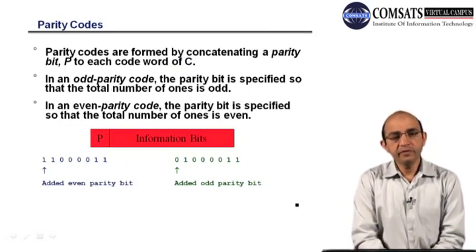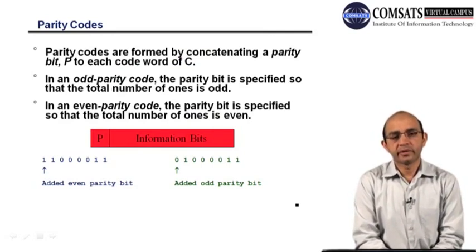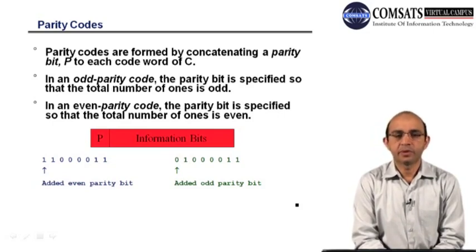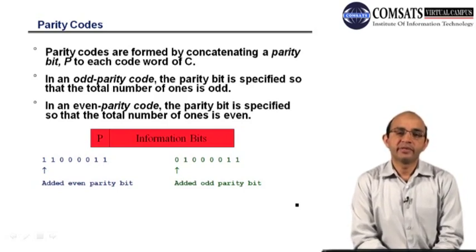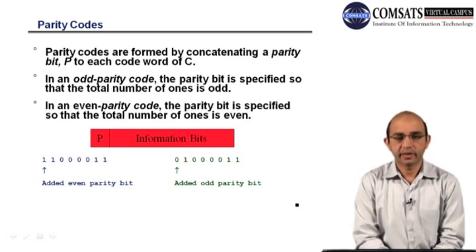So whenever you talk about data transmission, and you have to send a certain amount of data from one part of the computer to another part, or from one register of the computer to another register, or to another unit in the computer, or if there are some small wires involved in between, there are chances that the data might be corrupted, or there can be some noise that can corrupt the data.